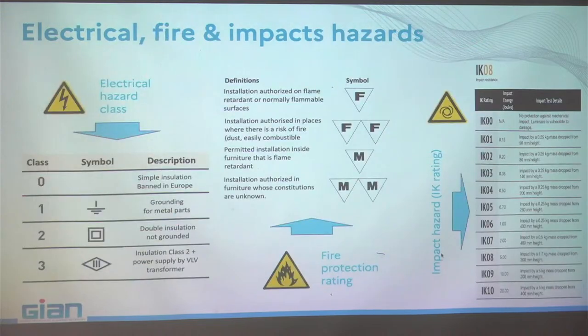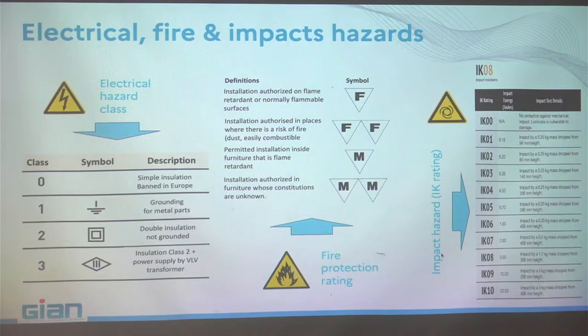Electrical, fire, and impact hazards. This is very important. Let's start with electrical hazard. You have 4 classes. Class 0, no protection at all. If something happens and you touch, maybe you are dead or not, but you will get a shock. Class 1, you have just a grounding wire on the metallic part.